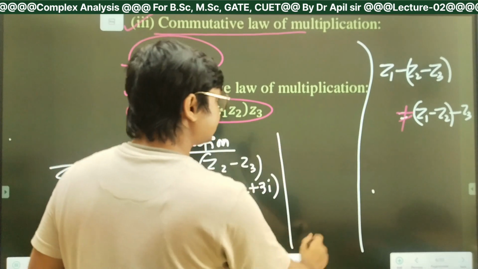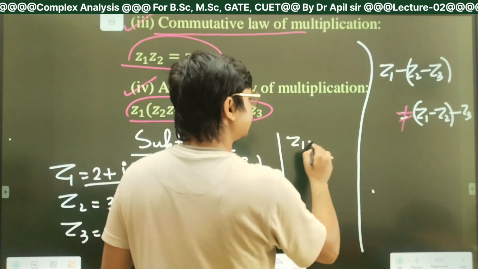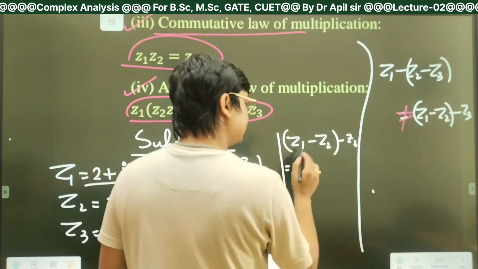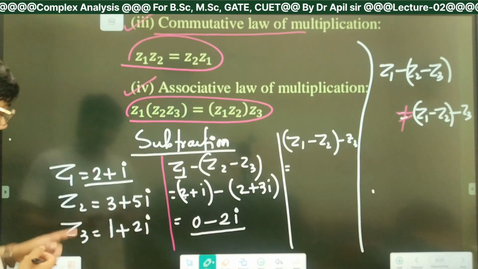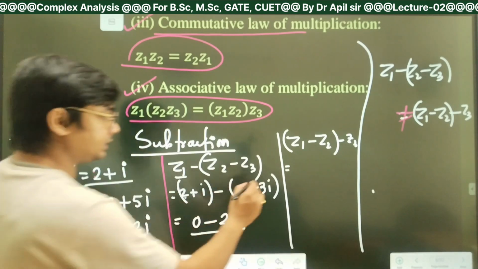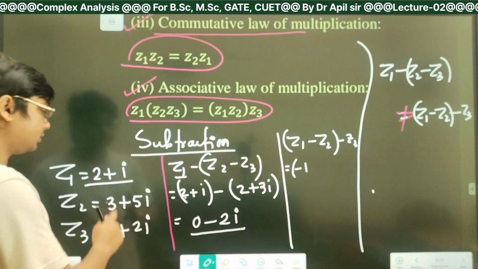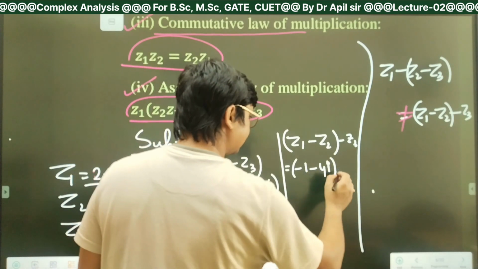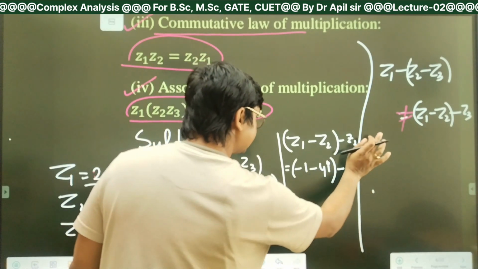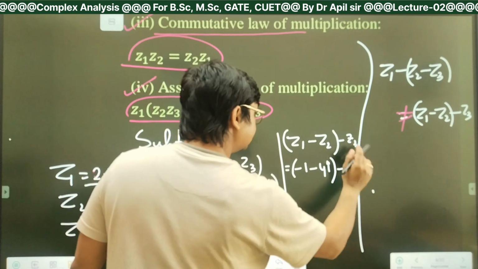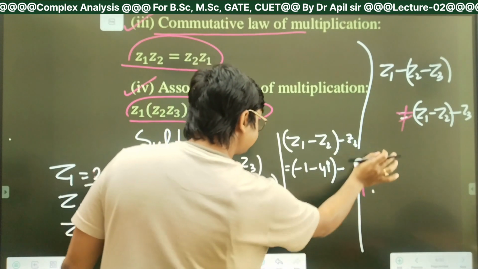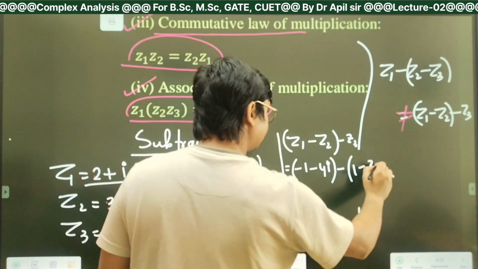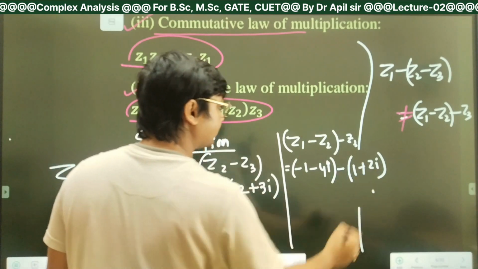And similarly, you just try to find this value, (Z1 minus Z2) minus Z3. Okay, first you find Z1 minus Z2. That means 2 minus 3, this will be minus 1. i minus 5i, that means minus 4i we will get here. Okay, minus what is Z3? Z3 is 1 plus 2i, so you put here 1 plus 2i, not the minus, right?